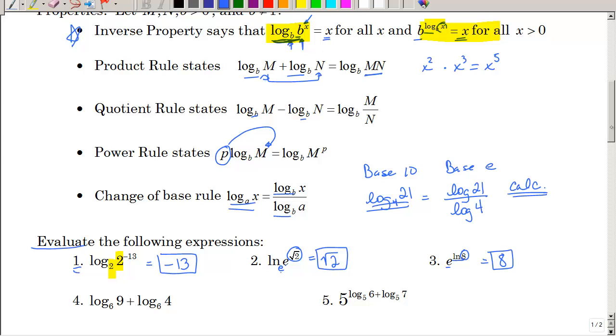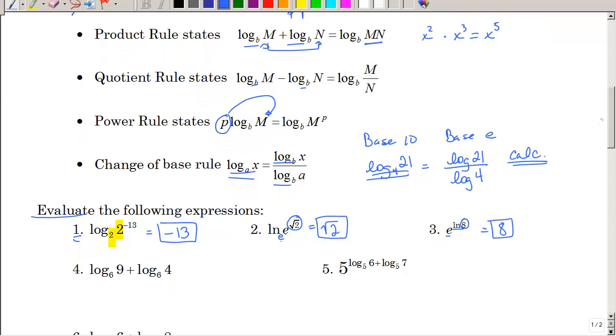Now number 4 and 5, we're going to put together a couple of these rules. Number 4 looks like this rule. We have the log base 6 of two things added together. And this property says we can combine those by multiplying. But can I go further?